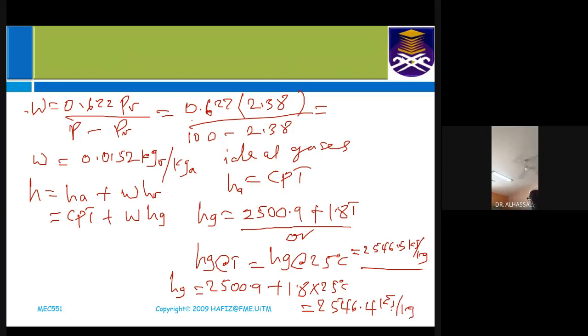You discover the difference is only 0.1, very, very small.